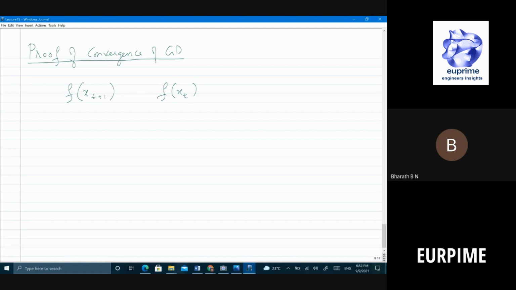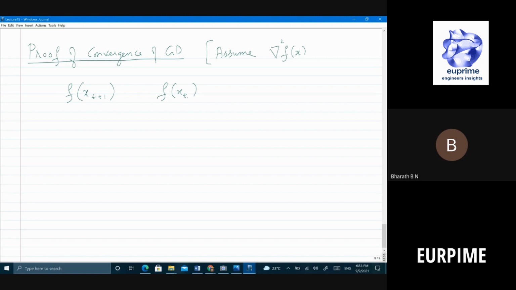Okay, so can we say something more? Before this, let's also make an important assumption. Assume the Hessian of f of x. If it is convex, what is the Hessian of f of x?